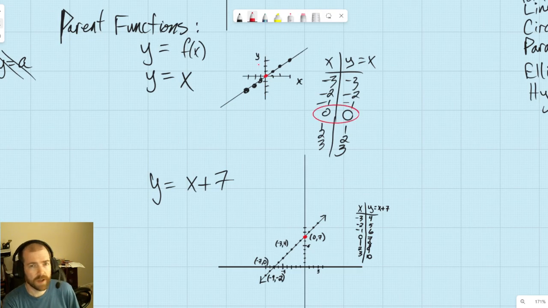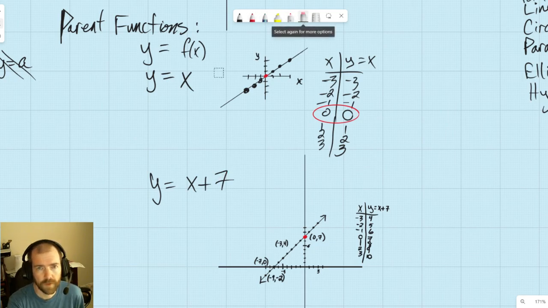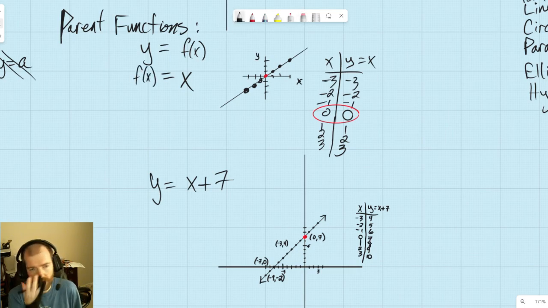And then by using this transformation, we're going to take the output of this function, y equals x, and alter it so that it becomes y equals x plus 7. Let me use this for consistency. This one's going to be f of x equals x. Just that. All right, so y equals this function here, f of x plus 7.